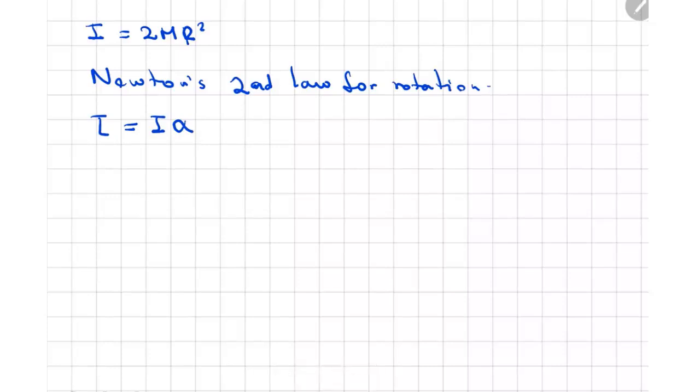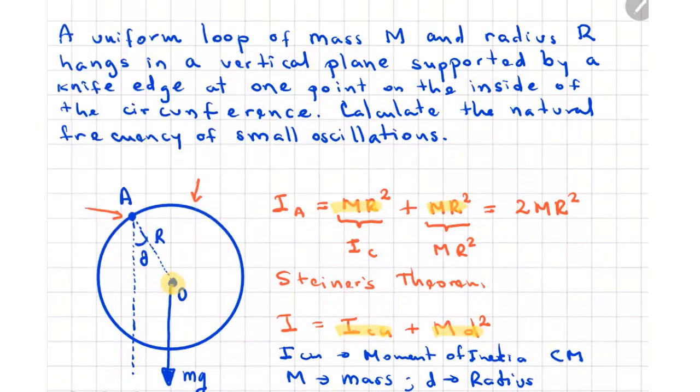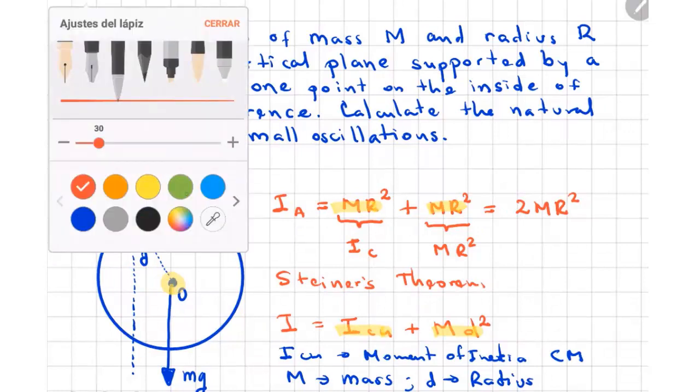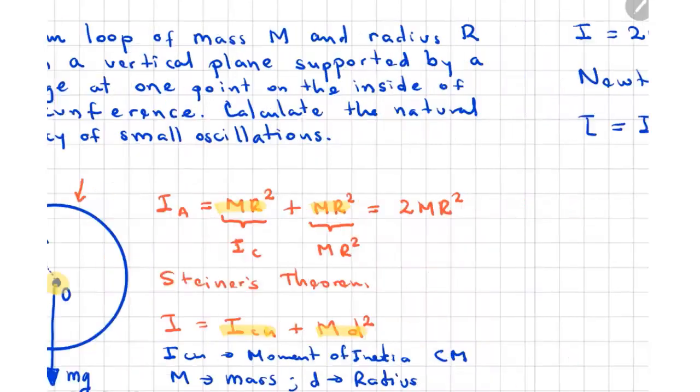If this object is rotating about the point A, it is going to have an angular acceleration, and it is going to have an angular velocity as well.